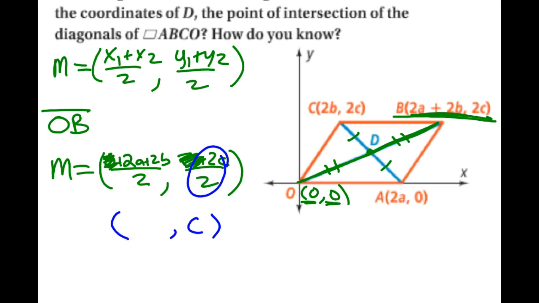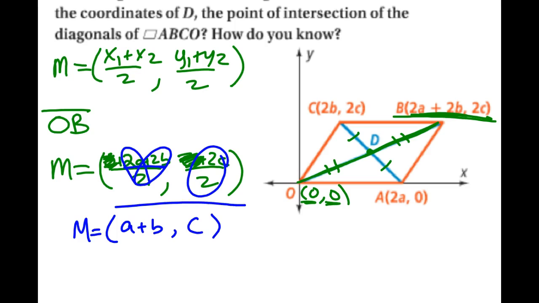Now, if you remember though, when you're dividing a sum like this, 2a plus 2b divided by 2, both terms get divided by the 2. So I go 2a divided by 2 is a, and 2b divided by 2 is b. Oops, I wrote that in wrong. And it becomes a plus b, comma, c.